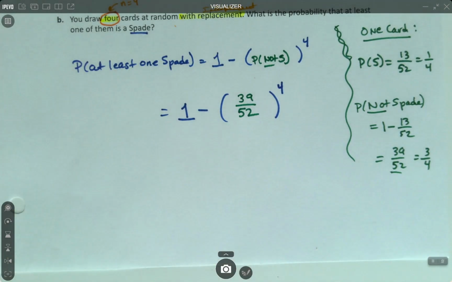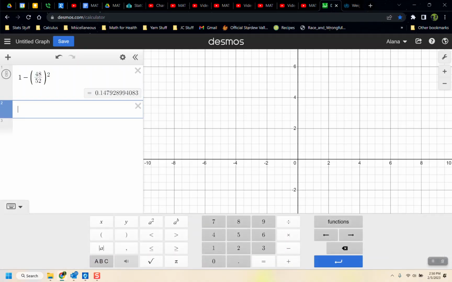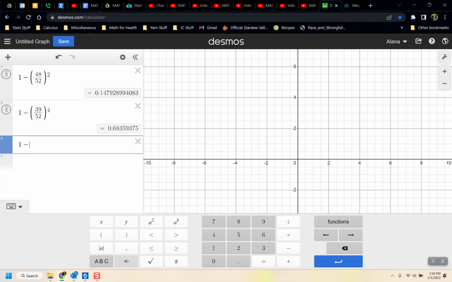Okay, so we'll go grab Desmos, and I'll just type it again. 1 minus parentheses 39 divided by 52, close parentheses, to the 4th. And just in case you were curious, there you can see, whoop, I did it wrong. 3/4 is what I meant. 3/4 to the 4th. There we go. Right, because you have to do the probability of not being a spade.